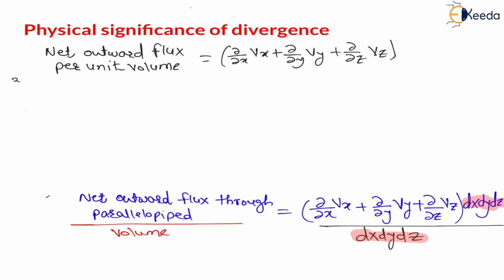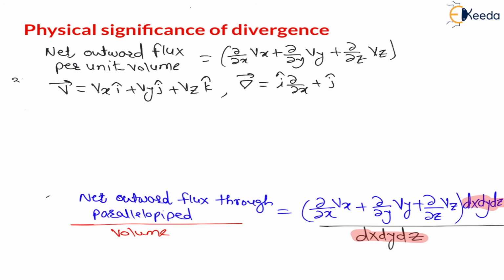Now, my dear students, we have two vectors. One vector is the velocity vector, which is nothing but vx i plus vy j plus vz k, and we have the del operator, which is i ∂/∂x plus j ∂/∂y plus k ∂/∂z.